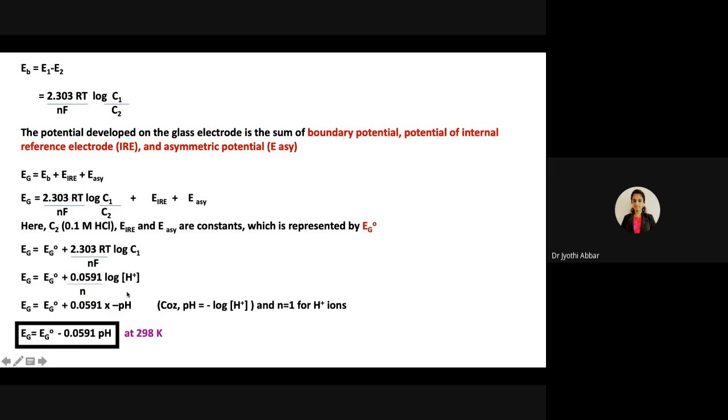We know that log of H+ concentration is minus pH, since pH is the negative logarithm of H+ concentration. And n for H+ ions is 1 electron. So the final simplified version is Eg equal to Eg naught minus 0.0591 into pH at 298 Kelvin.